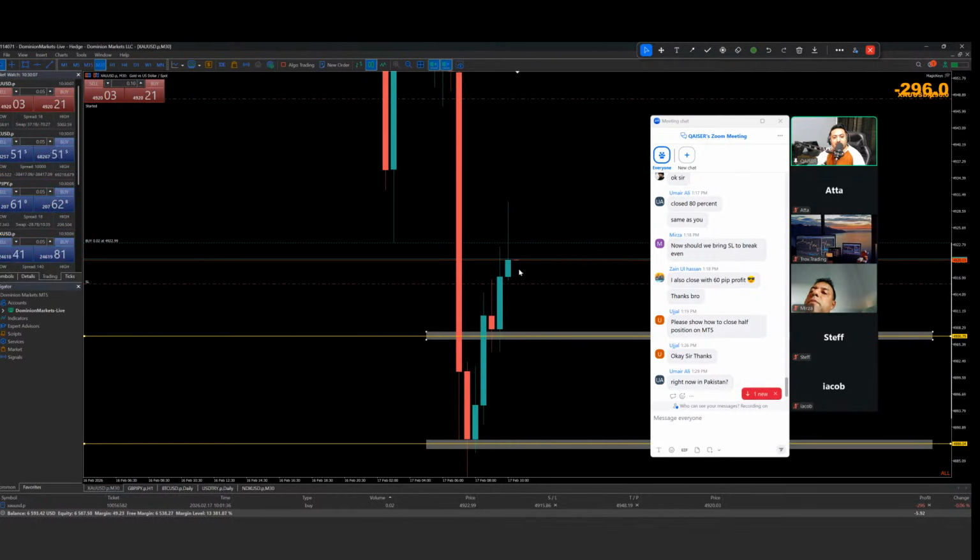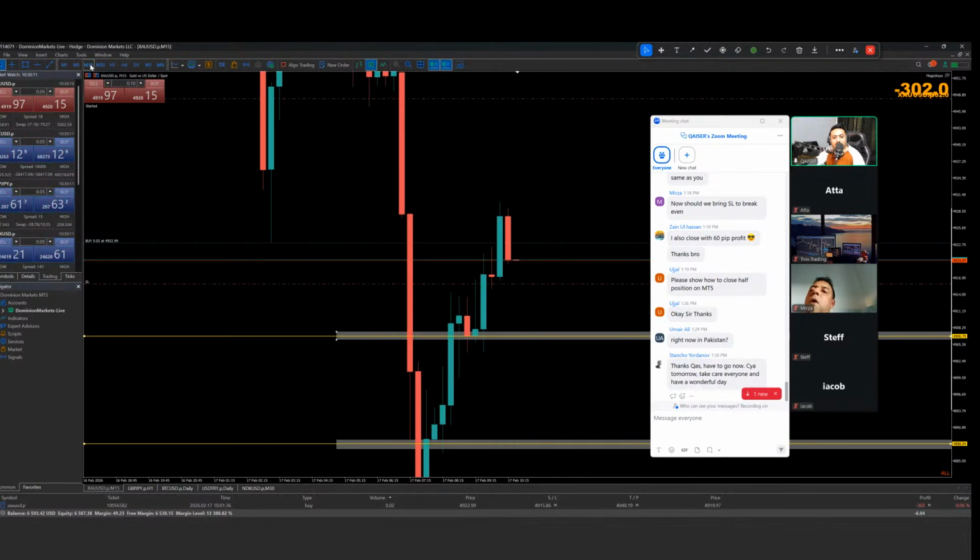Wow, M30 rejected with a long rejection wick and closed with a small body. M15 just closed. Let me see something here.